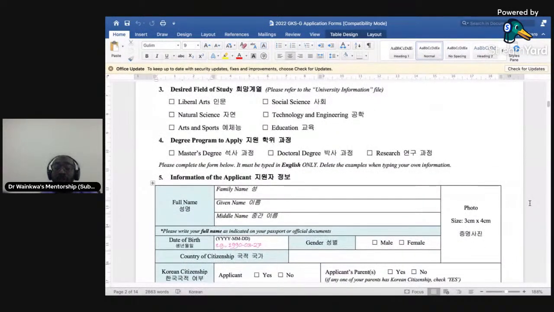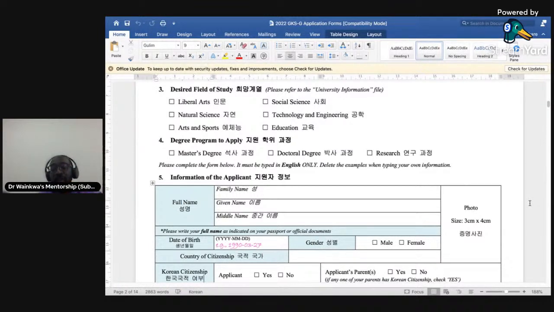Then also they will need a passport size photograph. So they need you to add your passport size photograph. Please do add your passport size photograph. It is not a fashion show, so you don't need to go get a passport size photograph with a lot of makeup and all of that. They are not really interested in that.